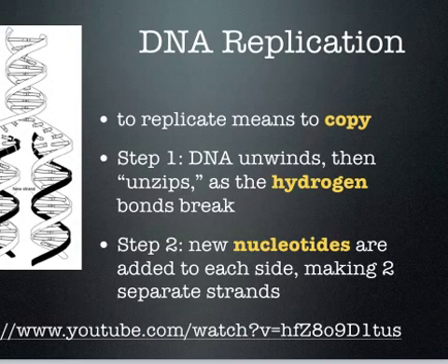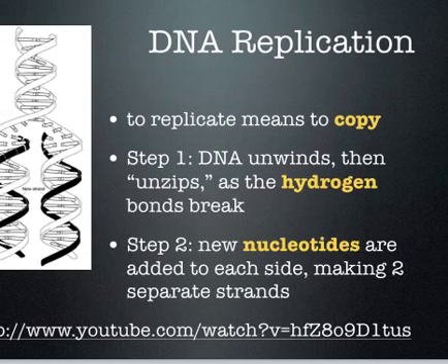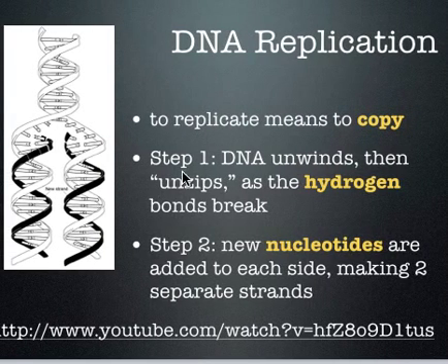Now, we're at the last piece, which is the top of the second page here. So DNA replication. Well, we already know to replicate means to copy, because that was in the mitosis chapter. So again, lots of repeat here, things you've already learned. The way DNA replication occurs, and this is your nice little picture, the DNA unwinds. Here it is. It unwinds. The white-sided DNA is your original strand.